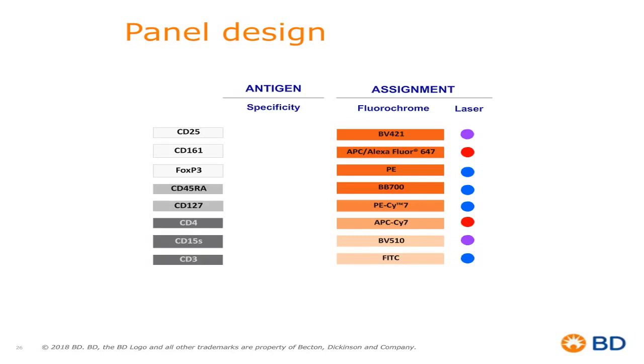There are some publications out there that have helped us characterize our antigens to put them into various buckets. For example, from the Roederer group, they talk about primary antigens. Primary antigens are those that are well characterized, identify broad sets of cells, and their expression is usually either on or off. So I could say CD3, CD15S, and CD4 kind of fall into that category here.